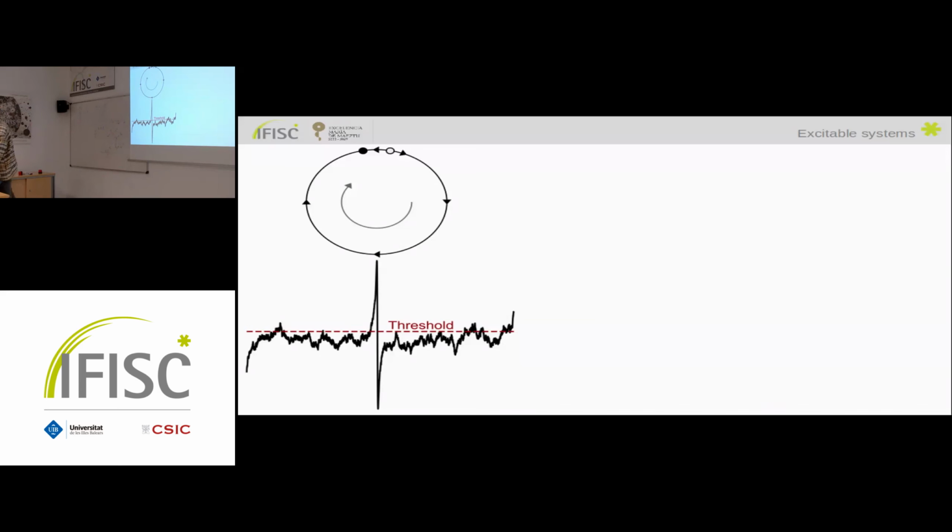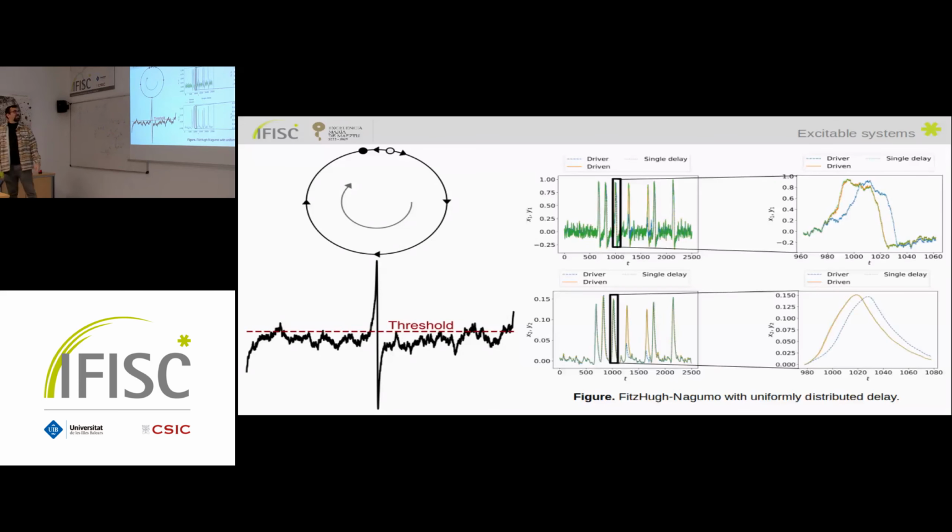So now let me analyze an excitable system for single delay and also for an uniformly distributed delay. So I will use the FitzHugh-Nagumo system, which is a simple model for a neuron, and has two variables. And I will plug in some noise to this first variable to see what happens.